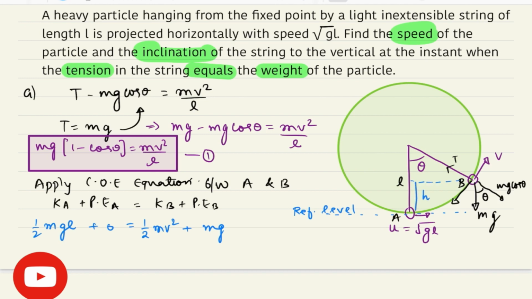This is the height gained, and this height will be L minus L cos theta, which is equal to h.